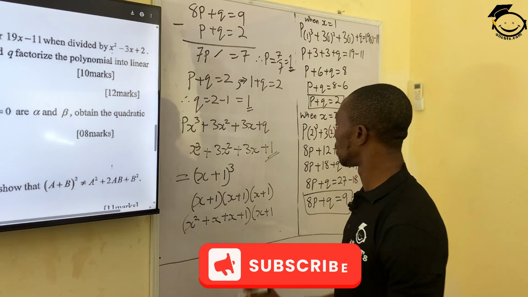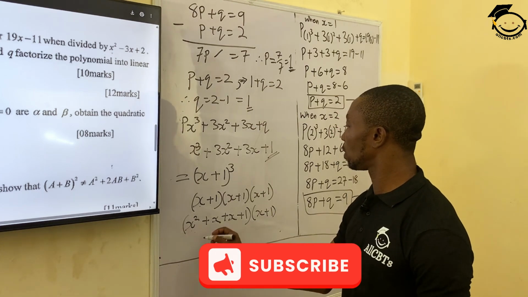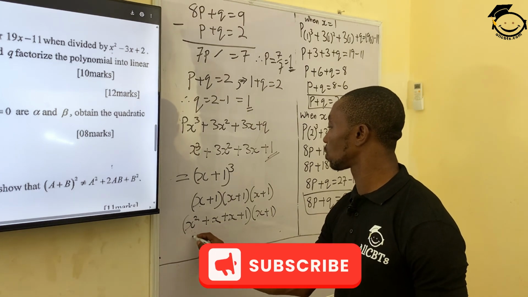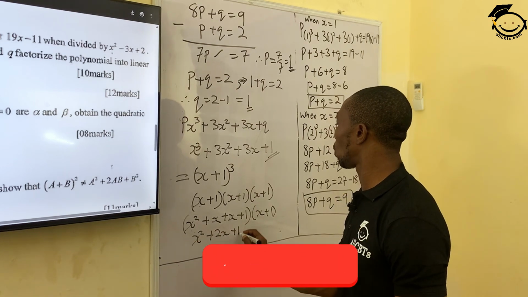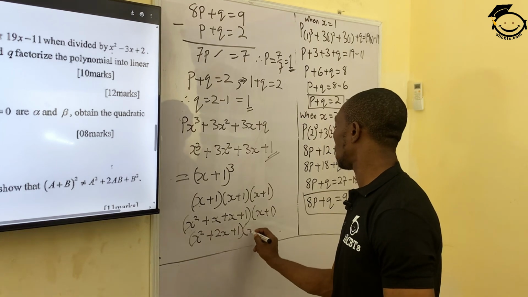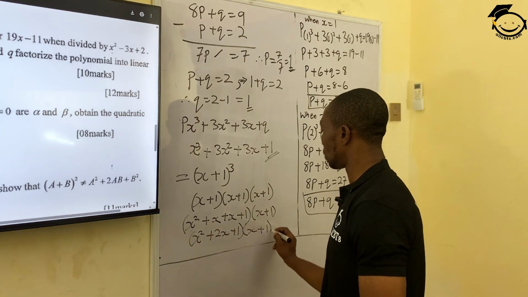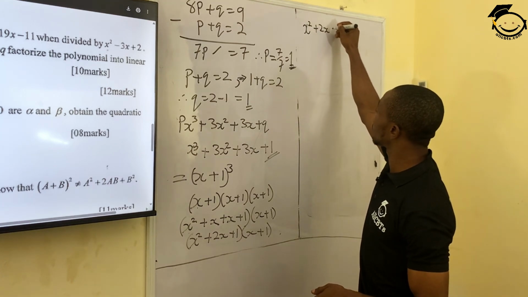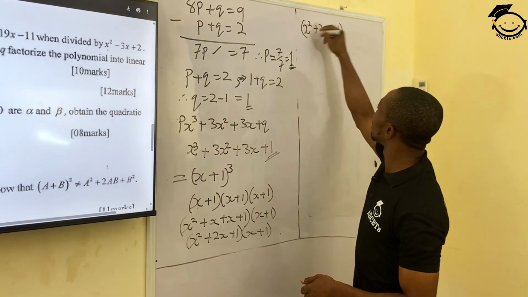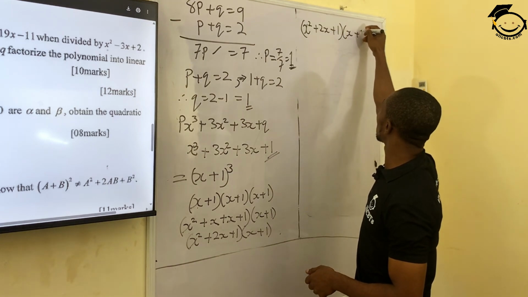Collecting like terms here will give us x squared plus 2x plus 1, against x plus 1. So you have x squared plus 2x plus 1 times x plus 1.